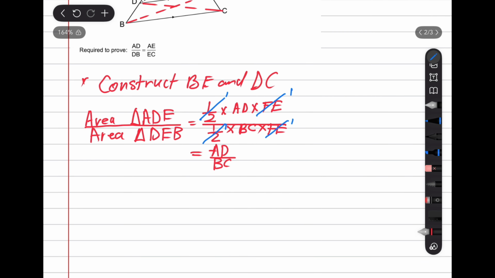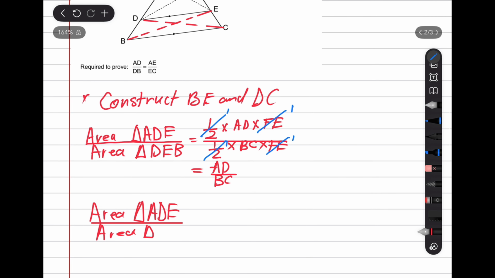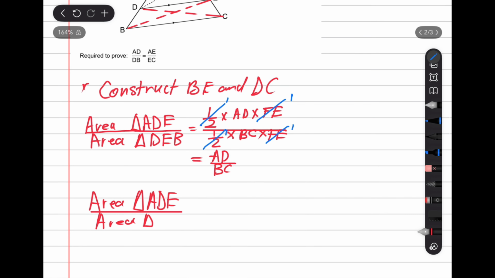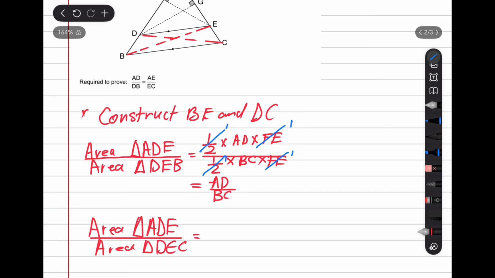So now we are going to have that the area of triangle ADE over the area of triangle DEC is going to be equal to, so now let's go back to the diagram.